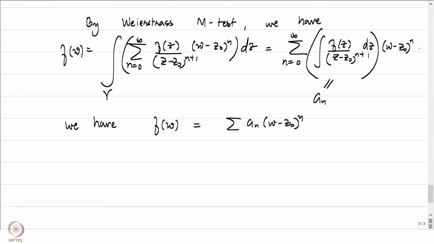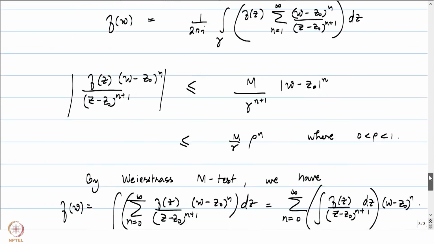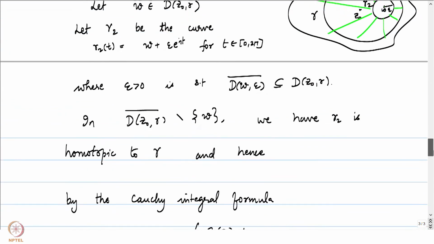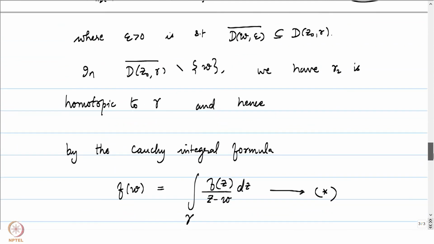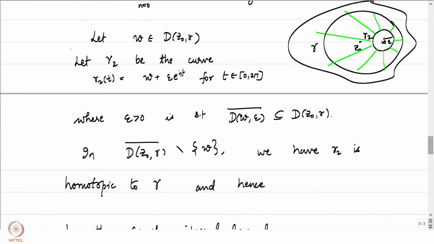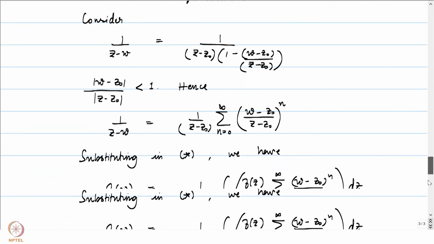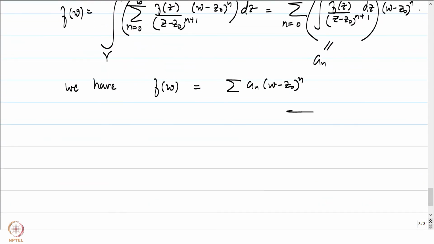And that's precisely what we were trying to prove. For w arbitrarily picked from the disk D(z0, r), we have just shown that the series summation a_n (w minus z naught)^n converges to f of w, and hence we have proved our result.